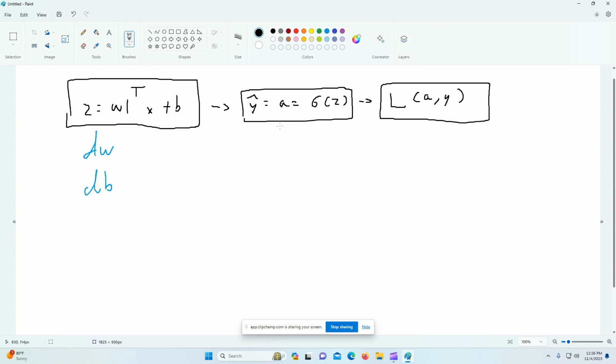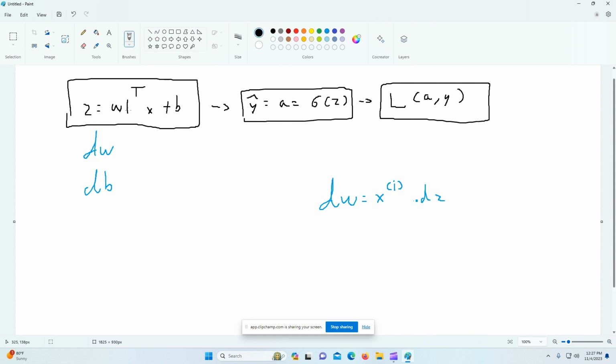So the derivative of w is going to be our x values, right? Our input values, and it's going to be that times the derivative of z, right?